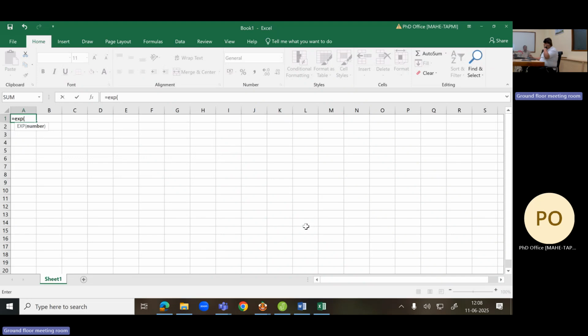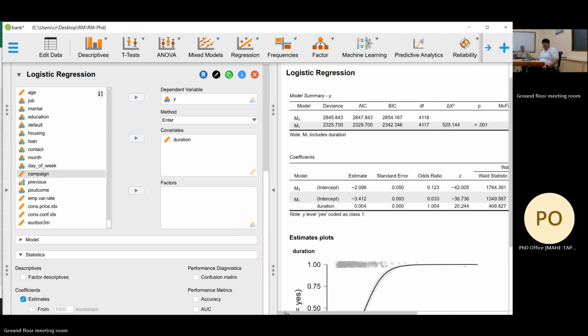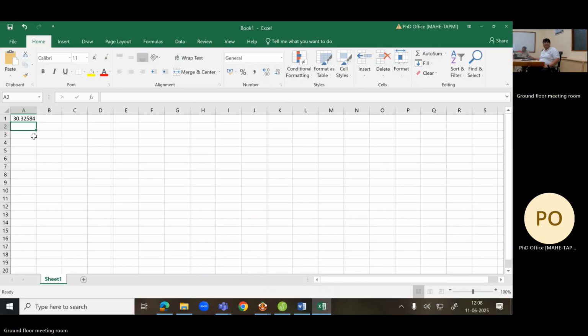How much was the estimate? 3.412. Negative, minus 3.412, not plus.